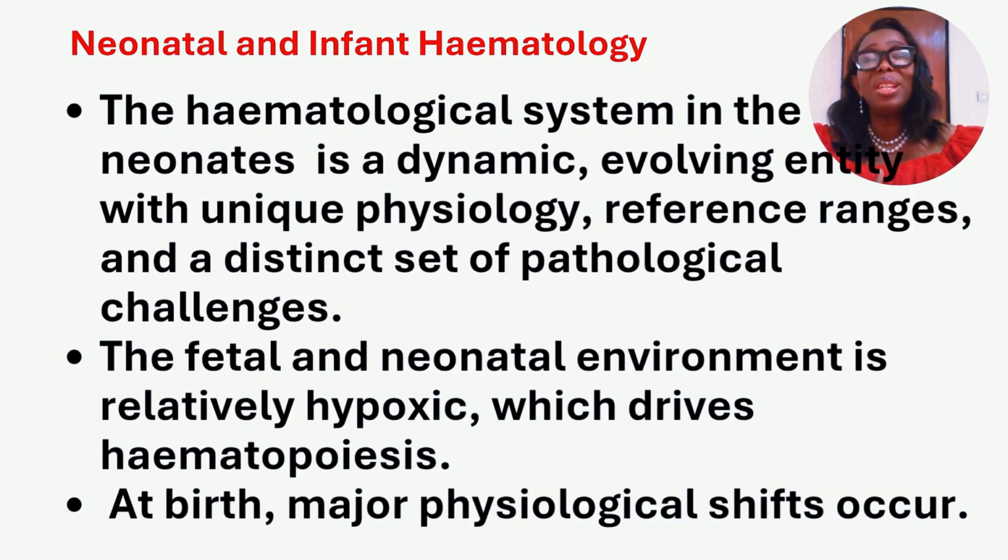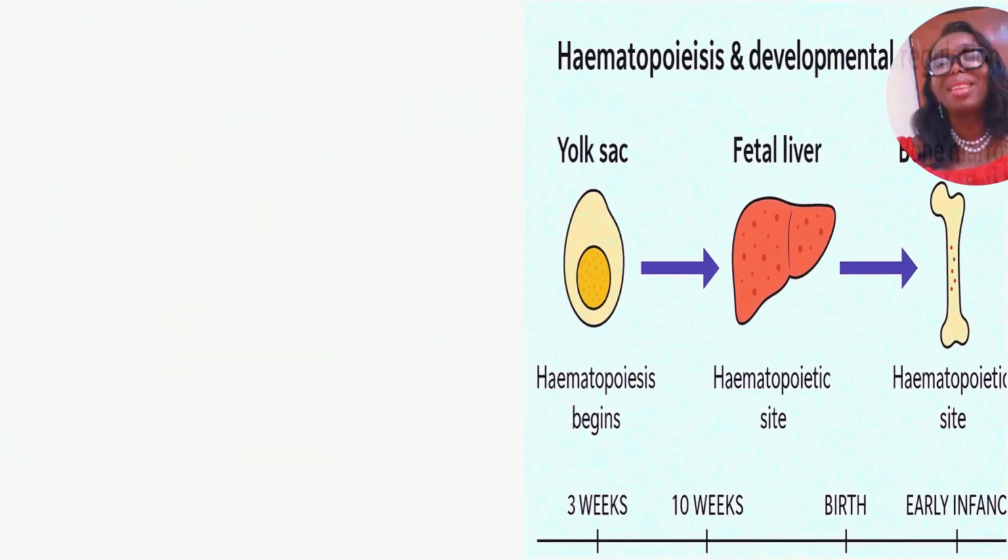It has unique reference ranges and a distinct set of pathological challenges, which we are going to look into today. The fetal and neonatal environment is relatively hypoxic, and this drives hematopoiesis. At birth, there is a major physiological shift.